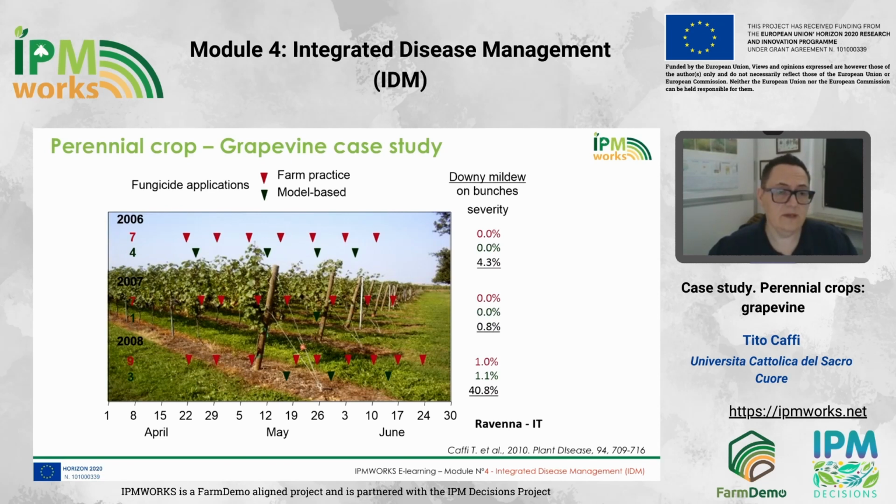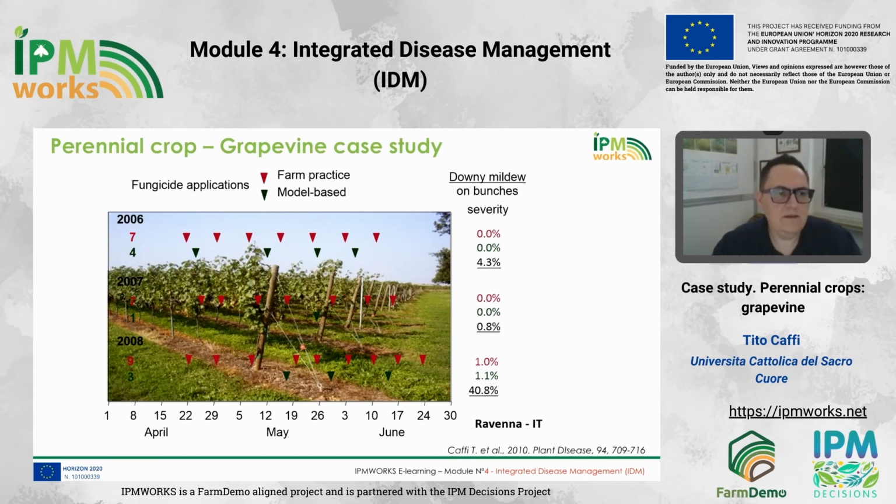But then we have to evaluate if and how much the model is useful for scheduling fungicide applications. In this example, we are again talking about downy mildew primary infection. We were testing in different farms, and for every farm, one portion of the vineyard was managed according to the information of the model, and the rest managed according to the farmer practice.